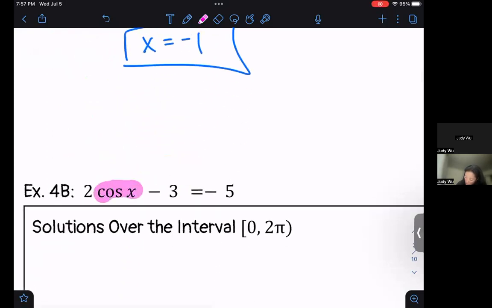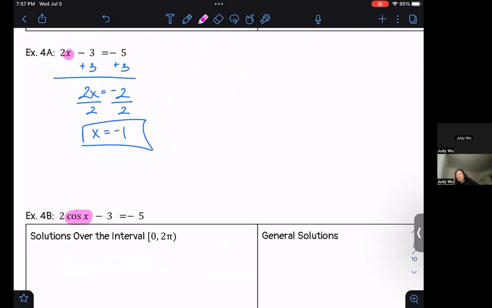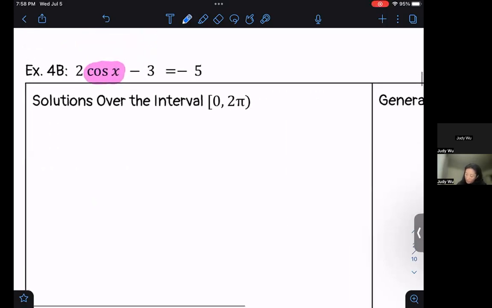If we kind of blur our eyes a little bit, this x and this cosine x basically occupy the same space in the equation: 2 times something minus 3 equals negative 5. So it turns out that we can use the way we solve this here, along with what we did in the previous video, to solve for b. Let's take a look.